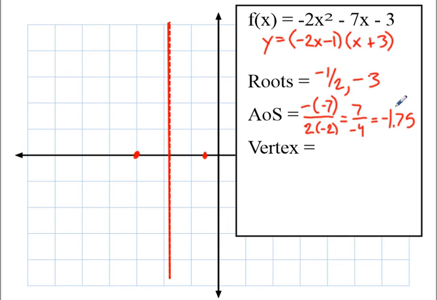Let's take that axis of symmetry, plug it back in to get our vertex. So plug it back into the original. So this would look like negative 2 times negative 1.75 squared minus 7 times negative 1.75 minus 3.